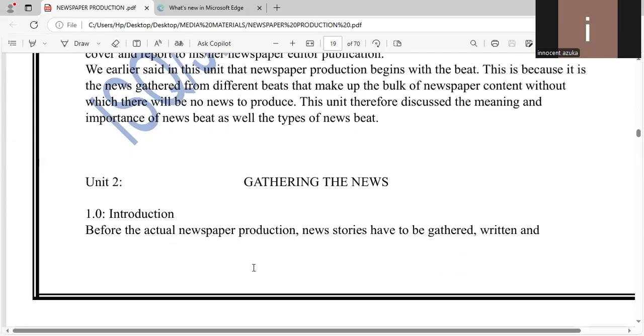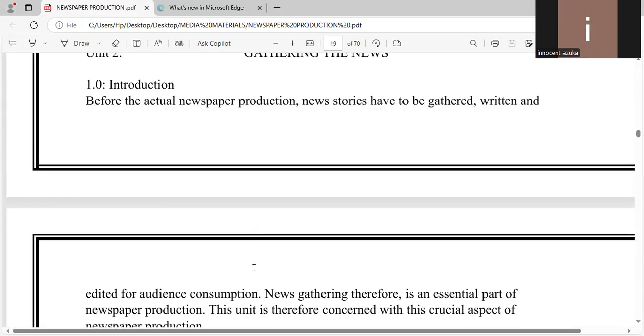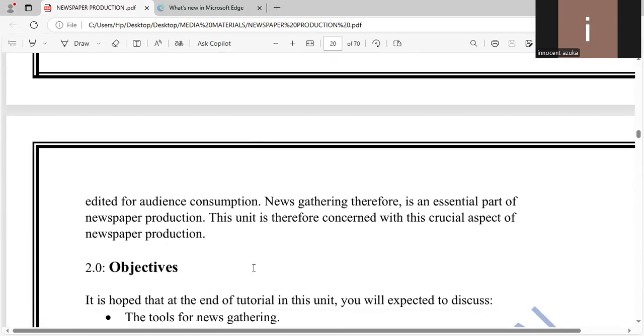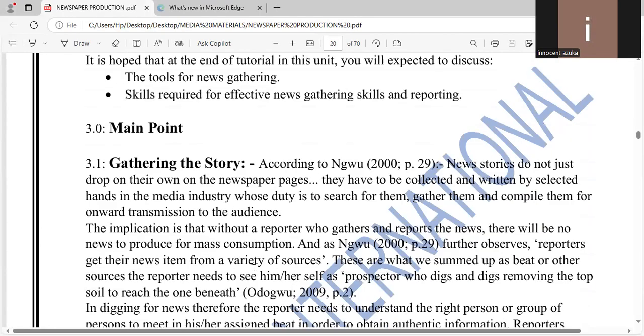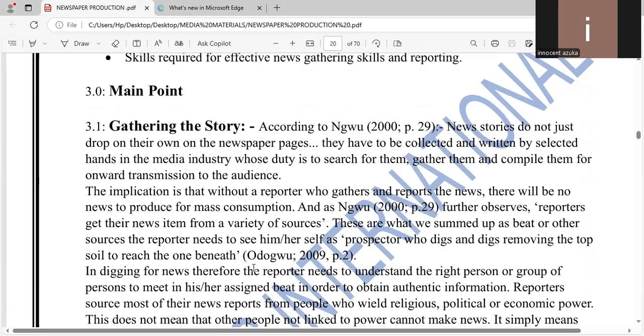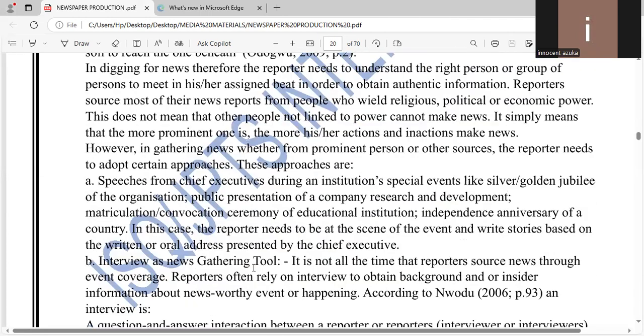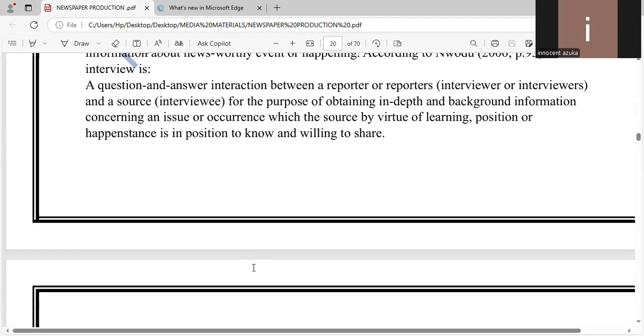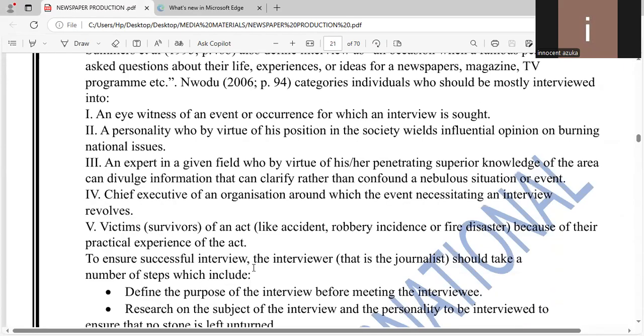So let's look at gathering of news. We have discussed it and we can't discuss it without talking about how you can gather news. So gathering the stories is very important and it will come from different sources as we have highlighted. So it is important for you to know that gathering of news is very, very important. And it is the eyewitness of an event or occurrence of which an interview is sought.